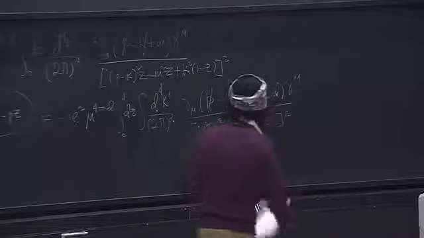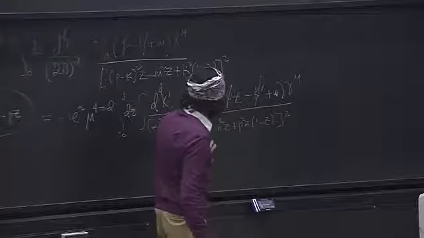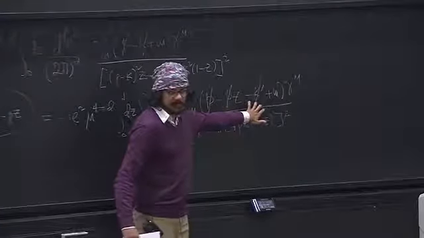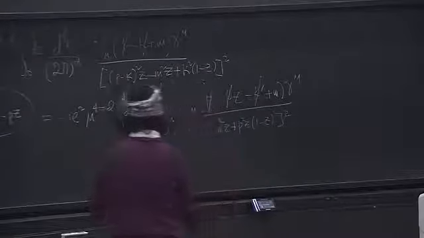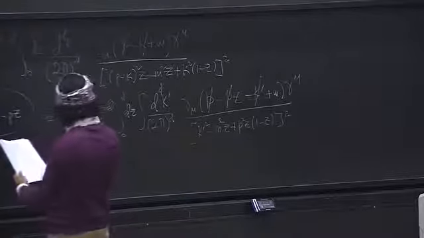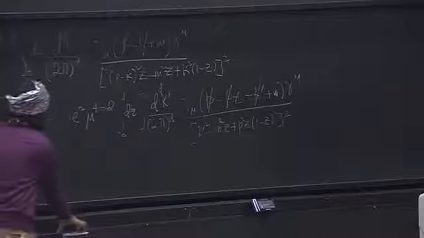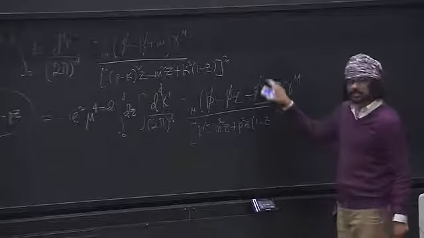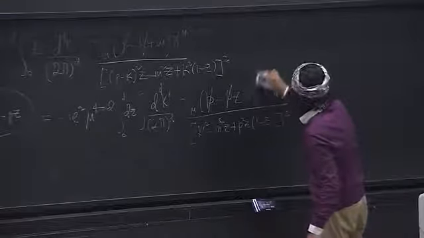So now there are four terms, but because the denominator's k dependence is this simple k prime squared, the term which is linear in k prime in the numerator will drop out because it's an odd integral. So I'm going to erase this term. It is there, but it goes away because it's an odd integrand, right?